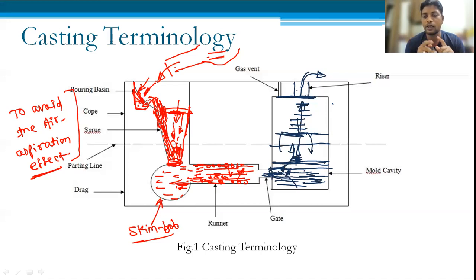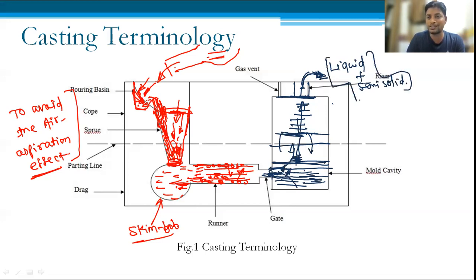When the material is coming out from the riser, it can be semi-solid or liquid. I hope you have studied what types of allowances are affiliated with the riser. First is liquid shrinkage, and with respect to the semi-solid, that is solidification shrinkage. These are the two allowances affiliated with the riser.